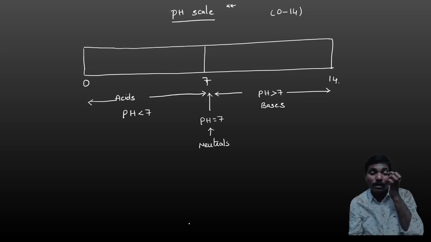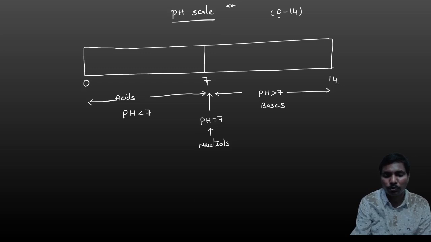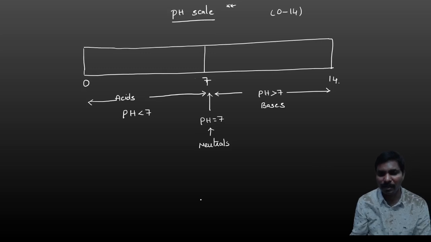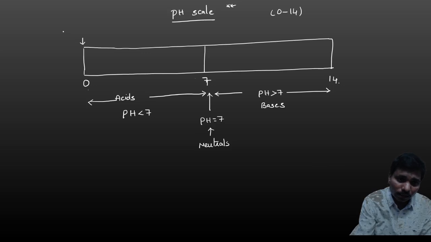So once again, the pH scale starts from 0 and ends at 14. 0 to 7 are acids. Whenever the pH is less than 7, those are acids. The pH greater than 7, those are bases. Whenever the pH is very near to 0, those are strong acids.